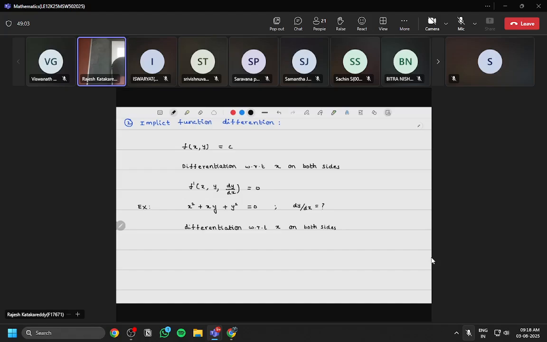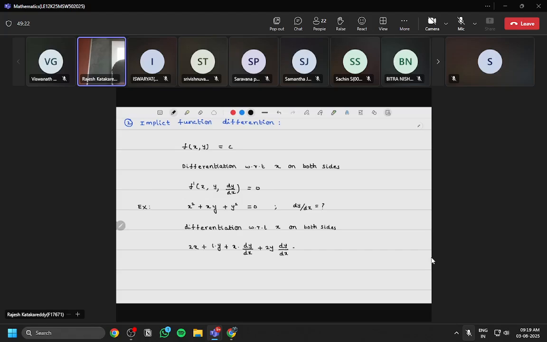What we'll be having now is 2x plus, to differentiate x into y I need to apply the u into v rule, so it is 1 into y plus x into dy by dx, plus 2y into dy by dx.